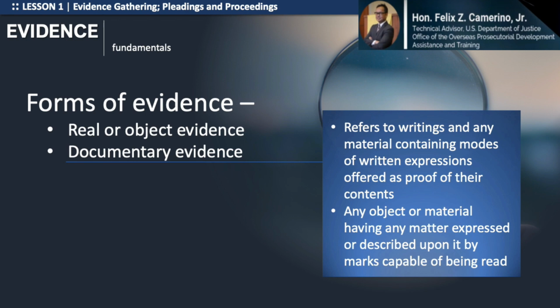Earlier, we were talking about electronic evidence as well as digital evidence that are under the rules on cybercrime warrants, and then the earlier rule also on electronic evidence. It's important to note that digital evidence or electronic evidence is under those rules. They are deemed to be documentary evidence.